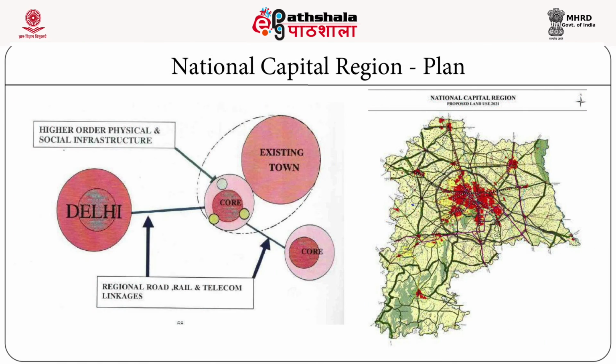So we come to the plan, as you can see from the drawing, that as I said earlier, there were counter magnet towns, city settlements were planned, and then satellite towns where higher order physical and social infrastructure was planned to be provided, and upgradation or improvement of the regional road and rail corridors was proposed. And under this plan, various new corridors, then widening of existing corridors were planned.